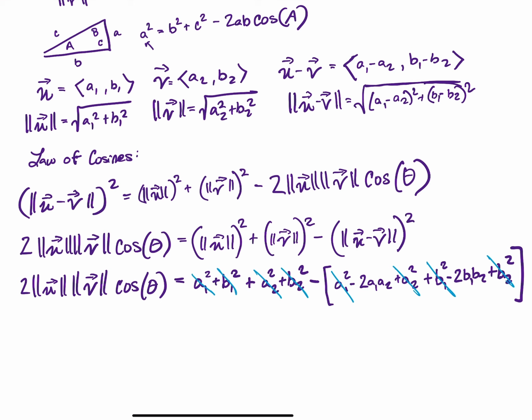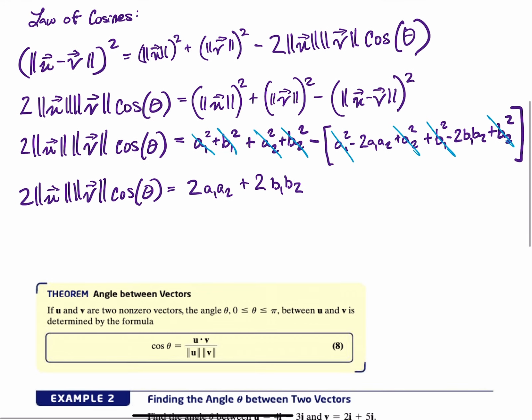So let's write our simplified expression. So I have 2 times the magnitude of u times the magnitude of v times the cosine of theta should just be equal to 2a1a2 plus 2b1b2. So then, solving for the cosine, I would divide the 2 magnitude of u magnitude of v over to the other side.